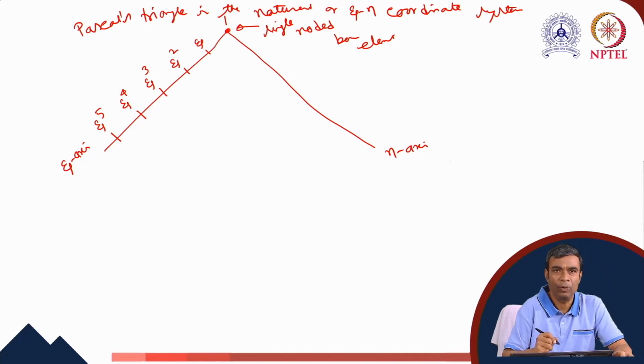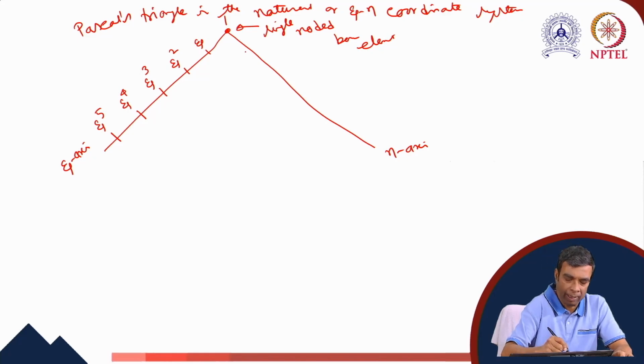Similarly, along the eta direction, the components of the bar element will come as eta, eta square, eta cube, eta to the power 4, and eta to the power 5.